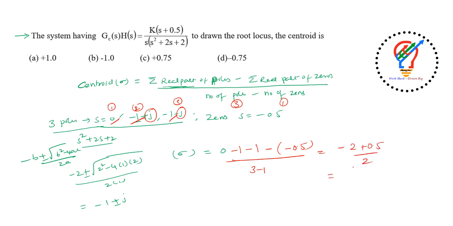No, it's not like that. So minus 1.5 divided by 2, minus 0.75 will be the answer. So D is the right answer for this question. We'll move to the next question.